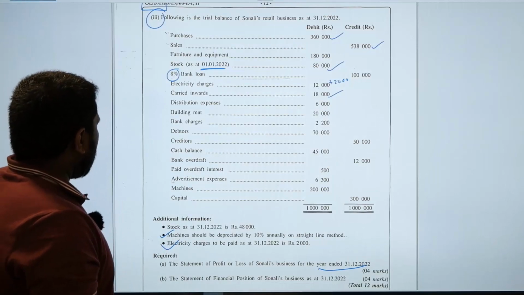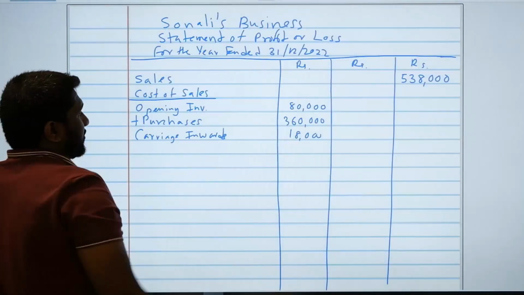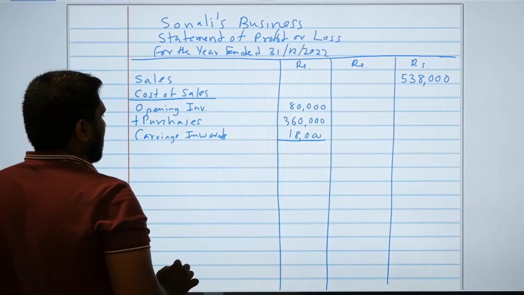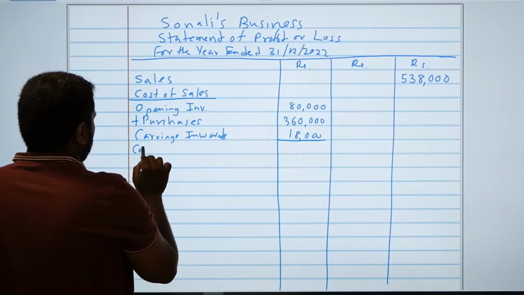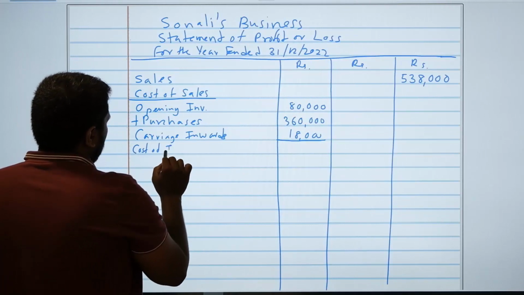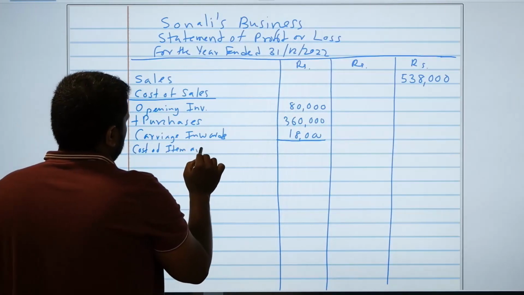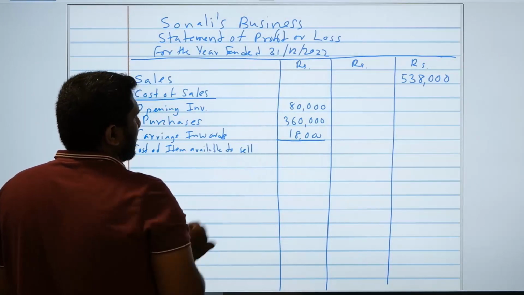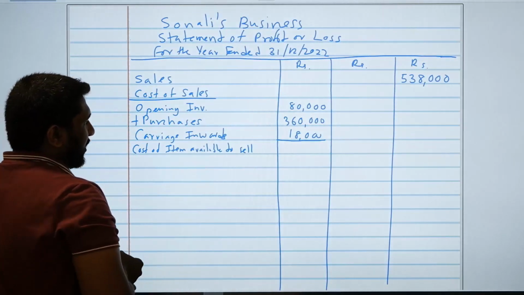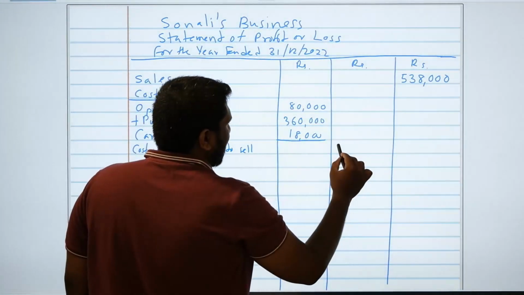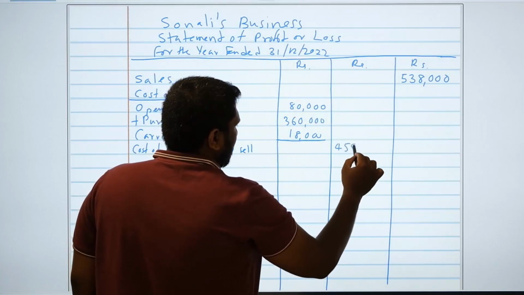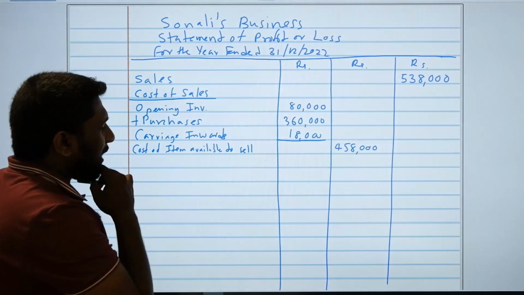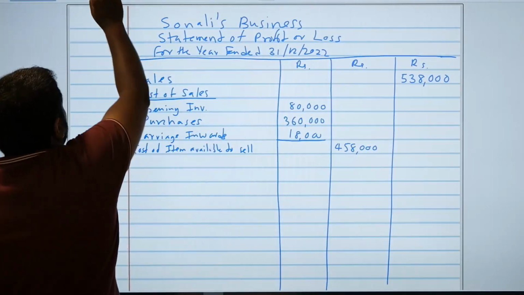So I can take the cost of the items which are available to sell. How much is the value? 458,000. Then from this we have to deduct the closing inventory.